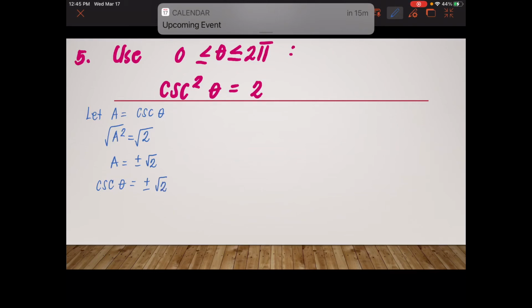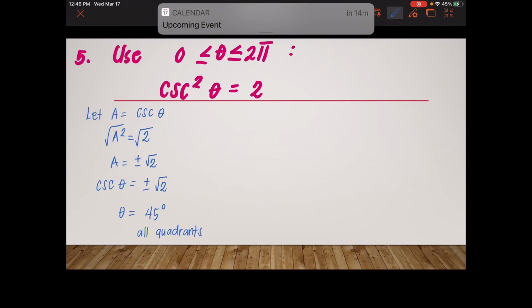And then you go back to our special angles, the table for the special angles. There you will know that cosecant has a value of square root of 2 when our angle is 45 degrees. Now, since the given is positive or negative, it means it's present in all the quadrants, in quadrants 1 to 4.